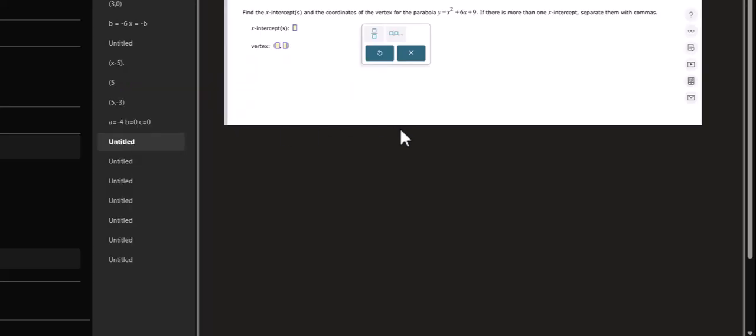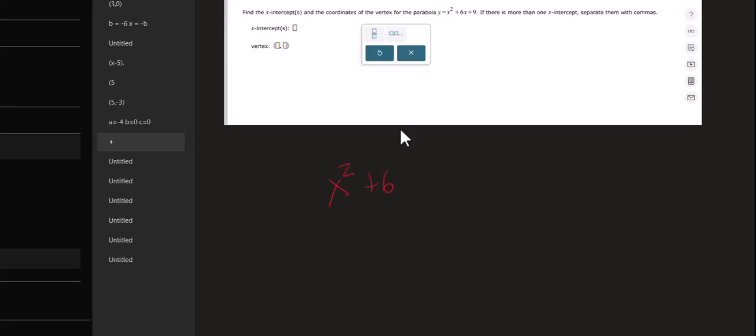Find the x-intercepts and the coordinates of the vertex for the parabola x squared plus 6x plus 9. So x squared plus 6x plus 9. Okay, so vertex: minus b over 2a, minus 6 over 2 gives me negative 3, and then I'll plug that in.